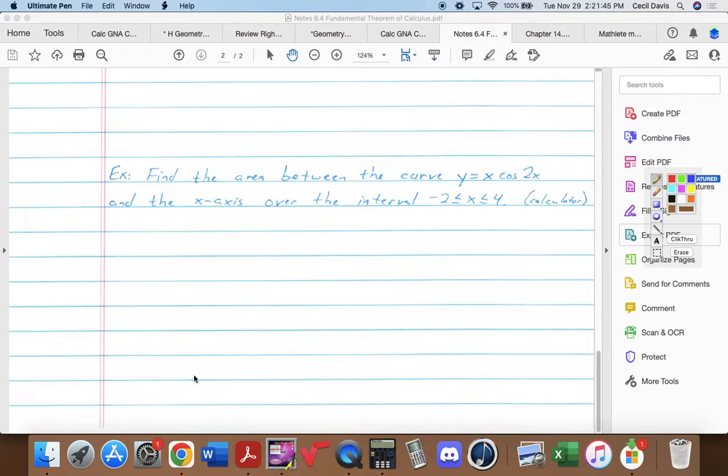So rather than find all the places where this goes below the axis and doing those as negative so that they become positive, the easier thing to do on your calculator is simply do the integral from -2 to 4 of the absolute value of x times the cosine of 2x dx. That way, my integrand is never negative. This graph is never below the x-axis because I'm taking the absolute value.